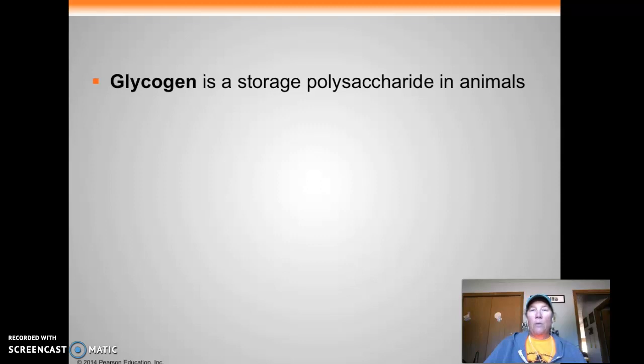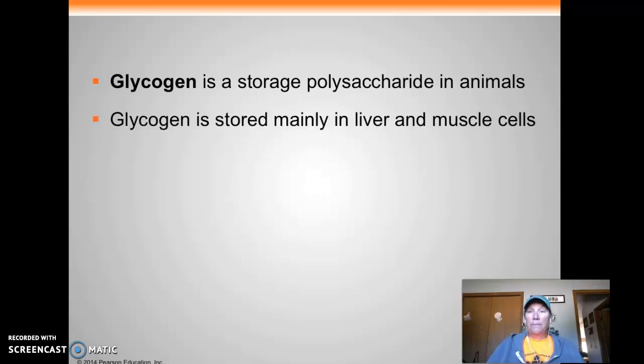Okay. The way we store polysaccharides is called glycogen. We tend to store glycogen in our liver and in our muscles. It's the same thing as starch, a bunch of glucose molecules stored together, but it's a little different because animals and plants are a little bit different. And we can use up this store.